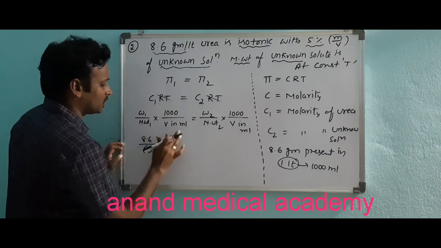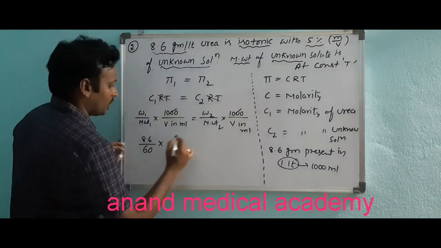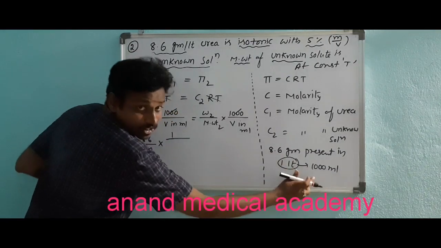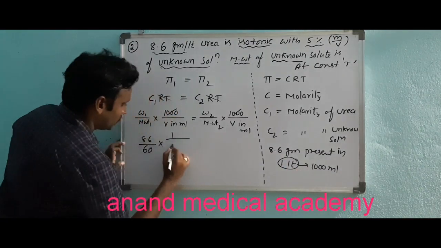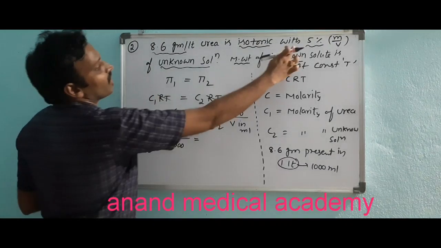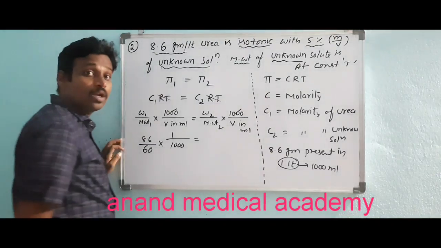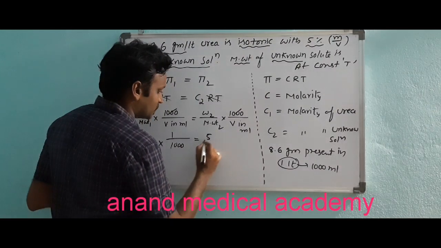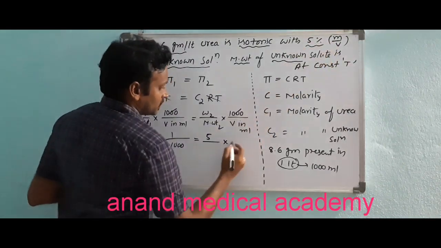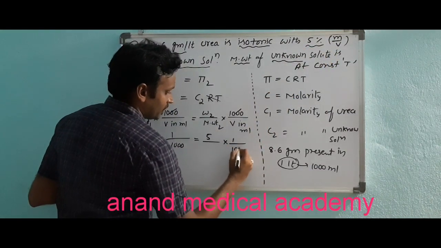No need, because here and there cancel. Okay, 1 by V in ml. So 8.6 is present in 1 liter, 1000 ml. Got it? And here W2: 5% mass by volume means 5 grams present in 100, because percent. So it is 1 by 100.